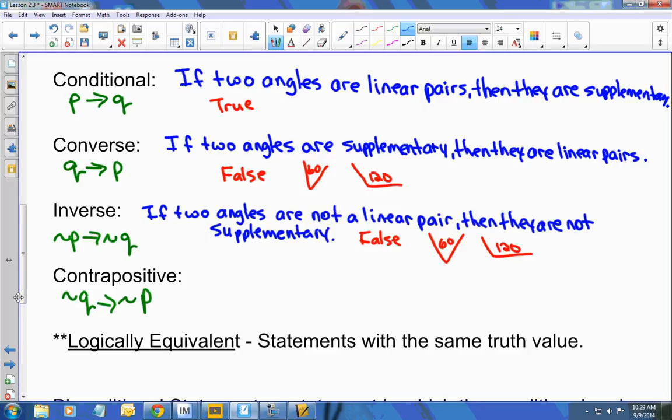Okay, and so then the contrapositive. The contrapositive negates the converse or flip-flops the inverse. So how would I read that one? If two angles are not supplementary, then they are not a linear pair.